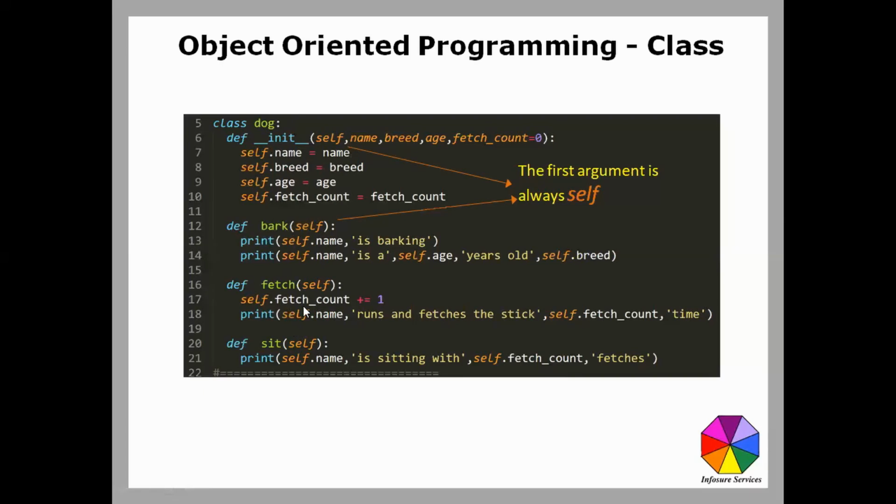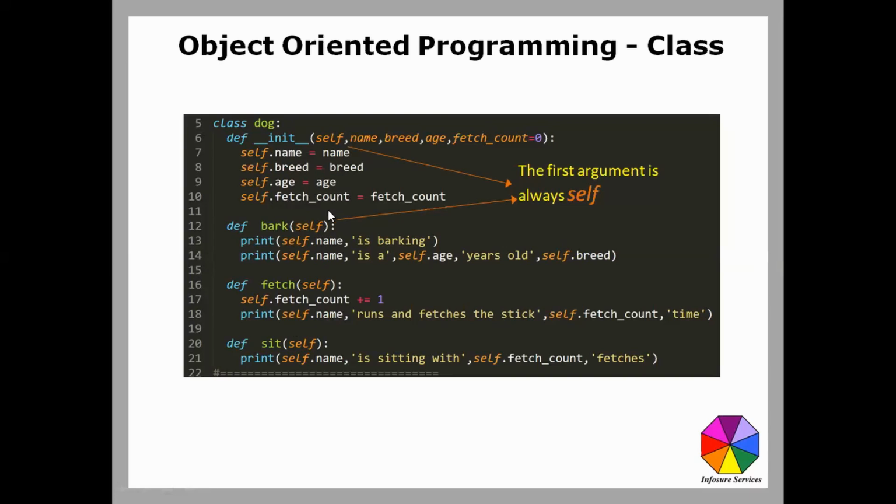So there are setters and getters inside. Typically in object-oriented programming, you will have the property, and that property has two methods, setter and getter. The setter is going to set that value, the getter will read the value. You will not expose the fetch count directly.